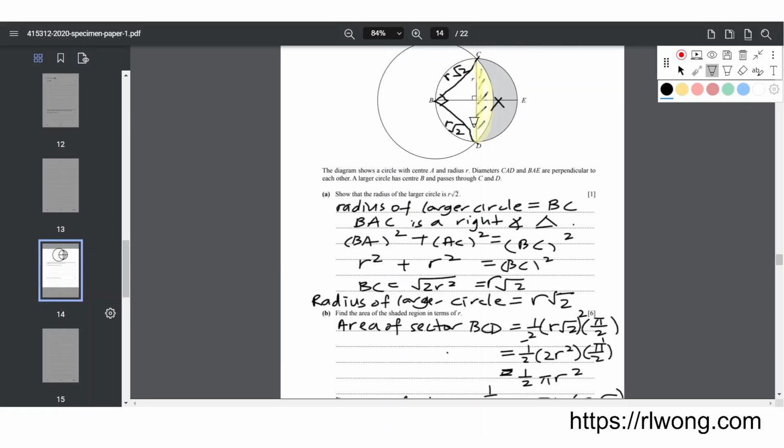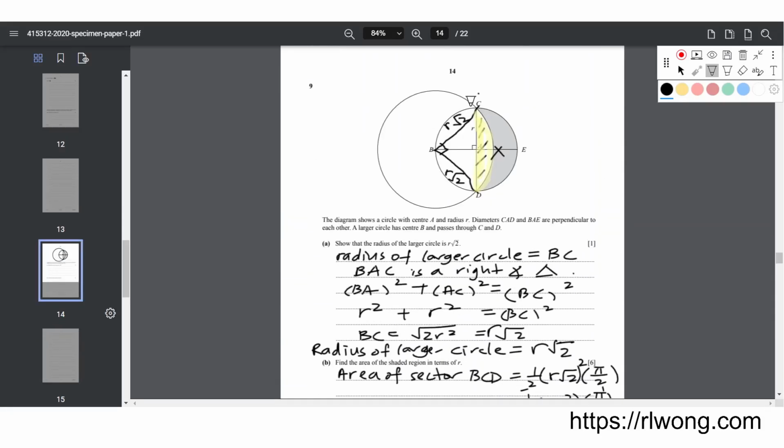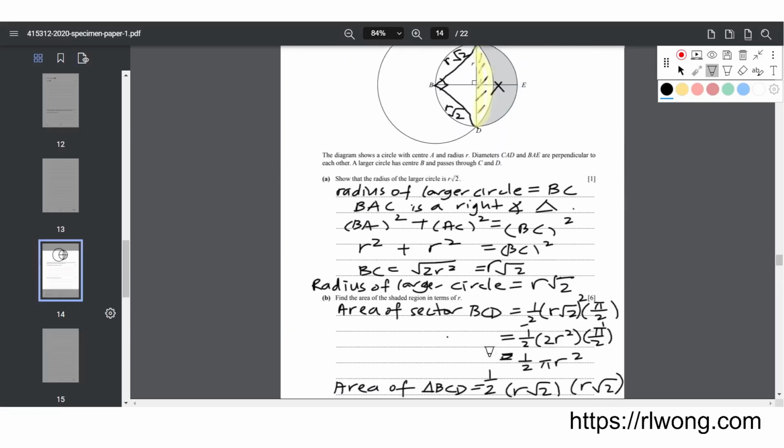Then the area of the shaded portion is equal to the area of the semicircle of the smaller circle minus this yellow portion, which we have found is half pi minus 1, r squared. So the area of semicircle CADE is equal to half times pi r squared, because the radius of the smaller circle is r.